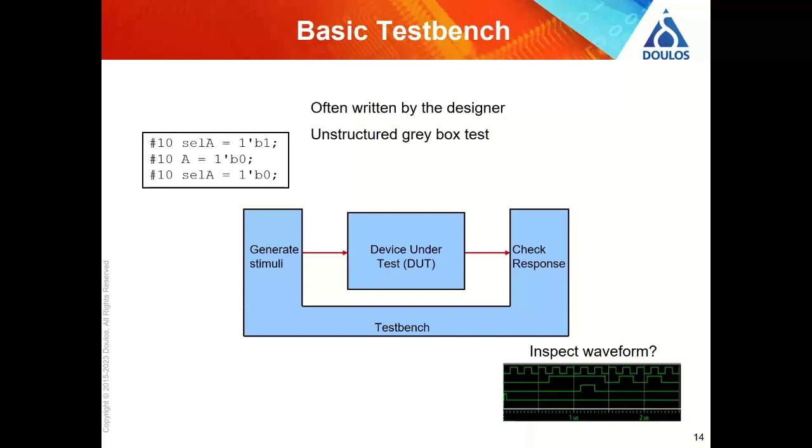That stimulus could be written by the designer, it could be read in from a file maybe, or it could be generated automatically. And for a basic test bench, we might just look at waveforms. That's a really poor way of doing the test, because we'd like to be able to automate it. If we can automate it, we can speed up the time it takes. Because remember, we haven't got enough verification engineers to do all this testing.